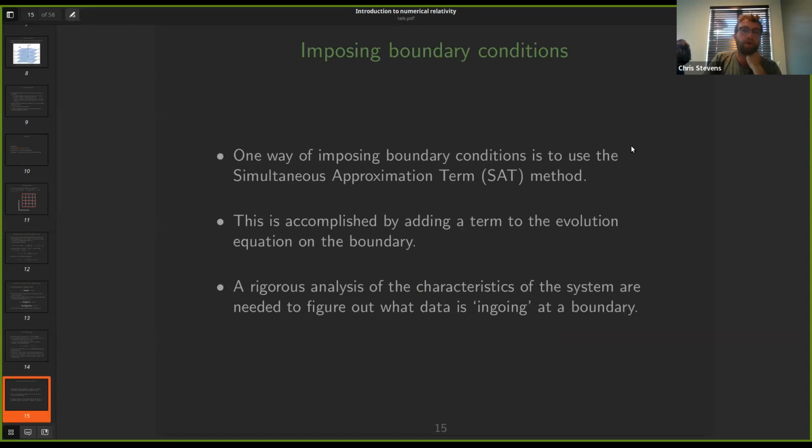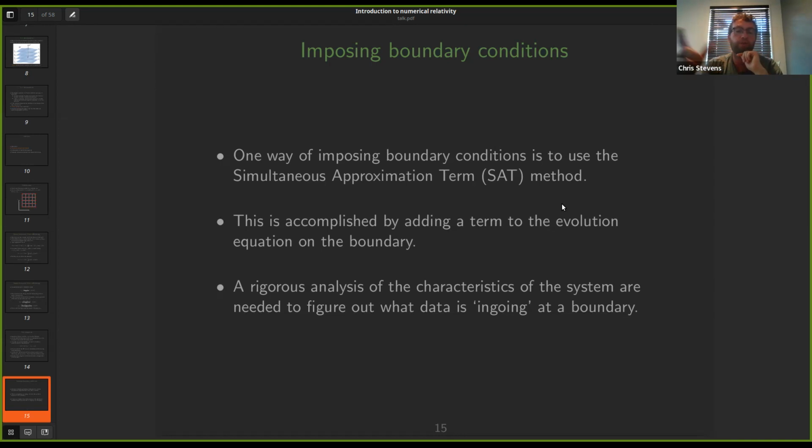I have the most experience with the simultaneous approximation term method, or the SAT method. Essentially, you add a term to the evolution equation describing this propagation, and you add a term on the boundary that involves the data that you want the function to have on the boundary. So the boundary condition is like, I want u to be sine of t on the boundary.